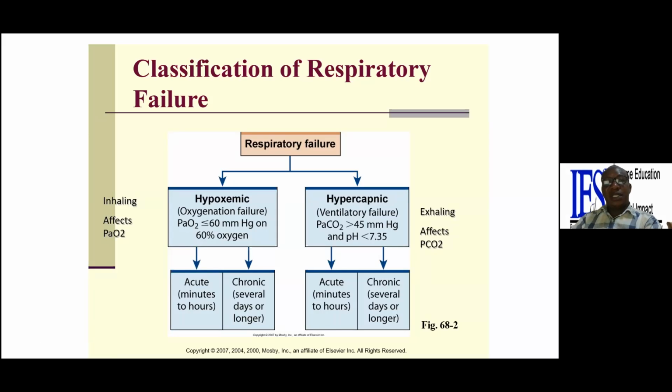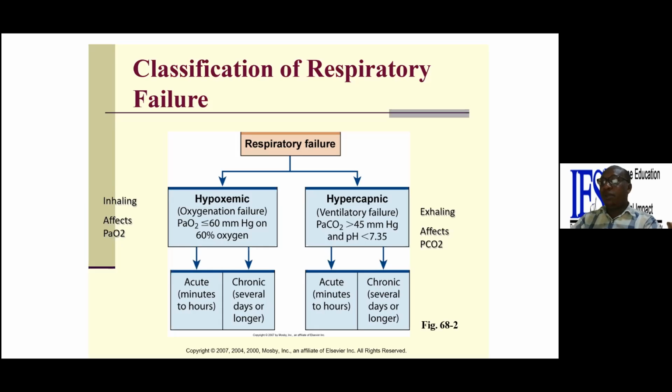So I told this classification before. Hypoxemic, as I said, is when your arterial pressure of oxygen is below 60, and the arterial pressure of carbon dioxide is above 50. This can be acute, an immediate condition that can take 2 minutes to hours.